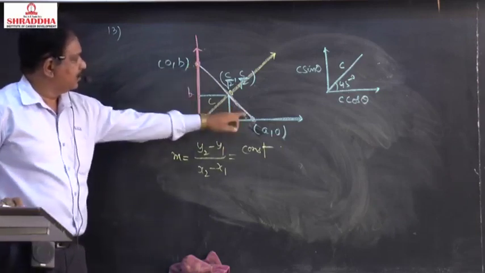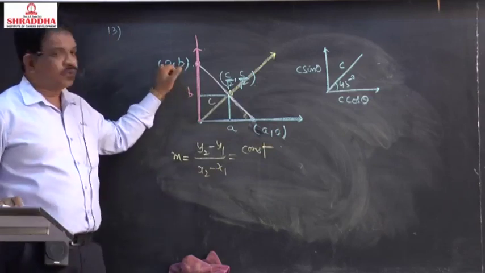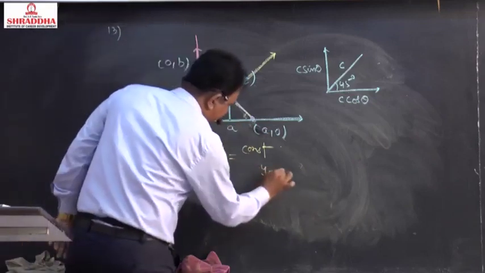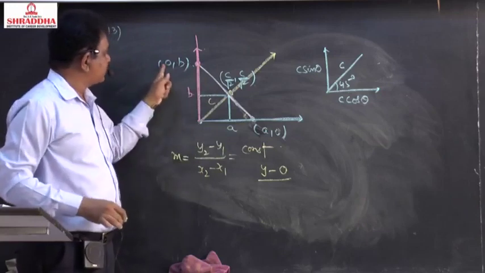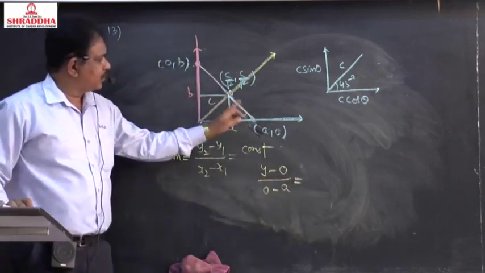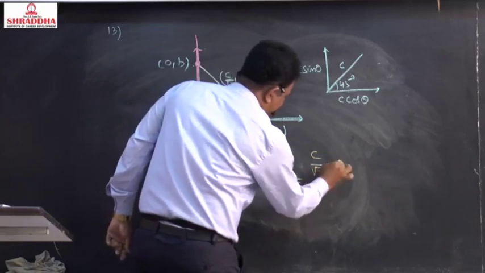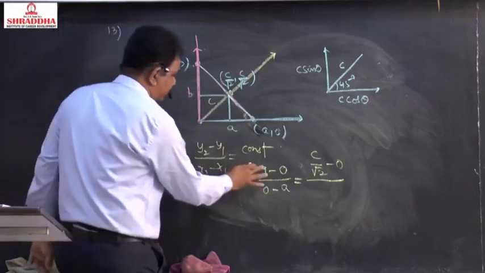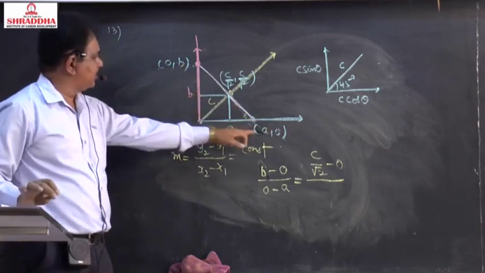Between the first two points, y2 minus y1 means b minus 0, and x2 minus x1 means 0 minus a.